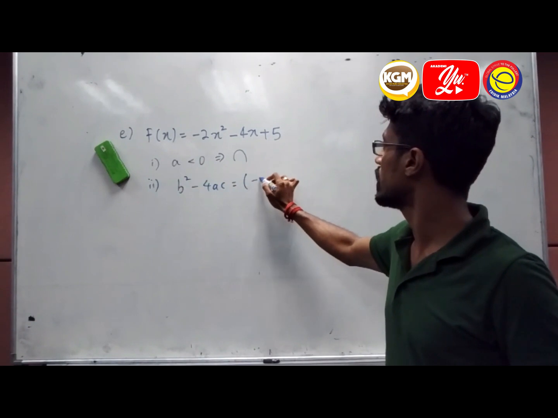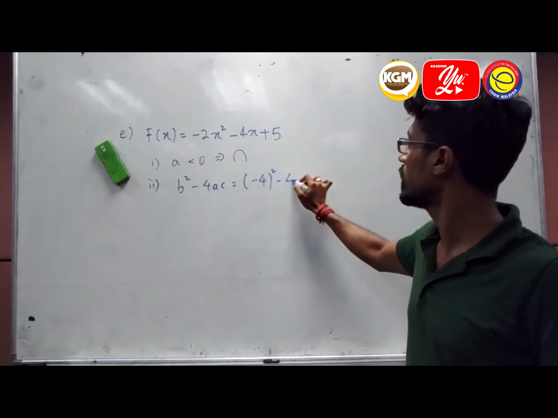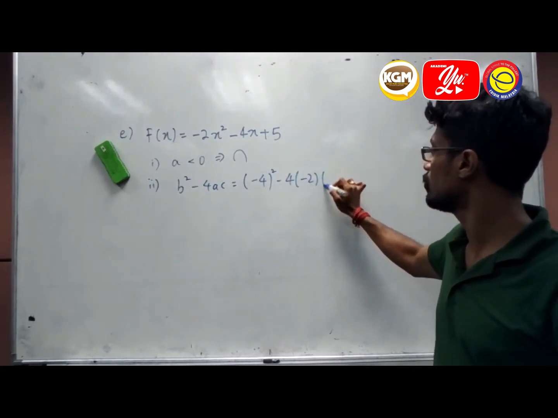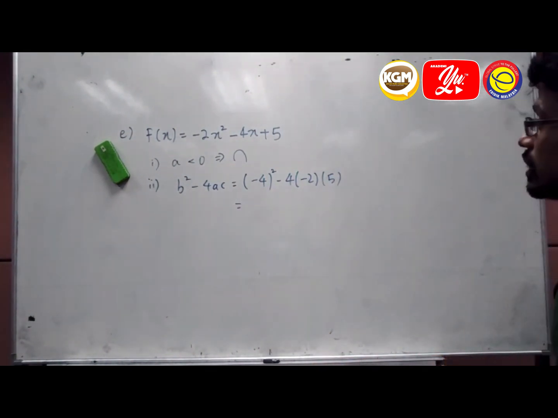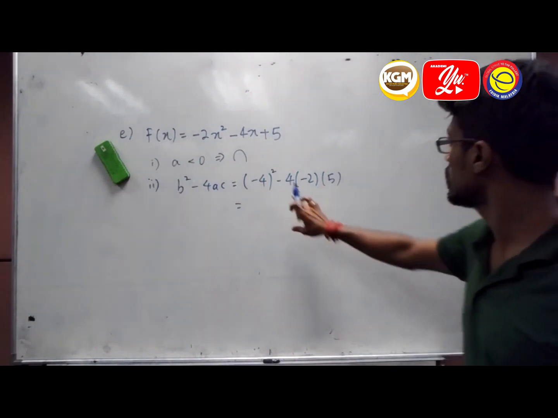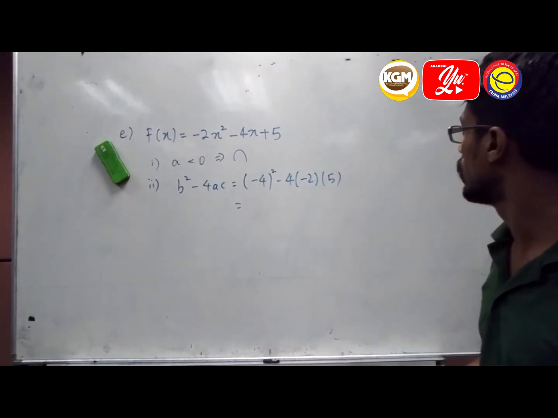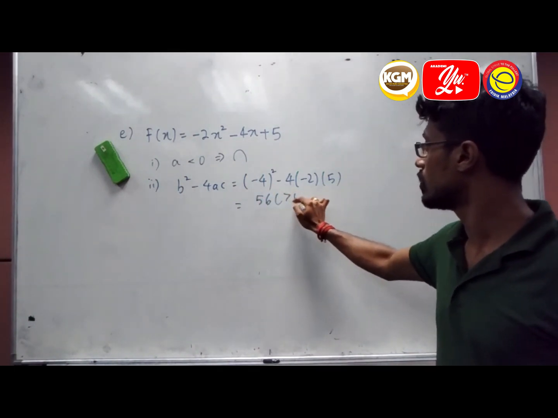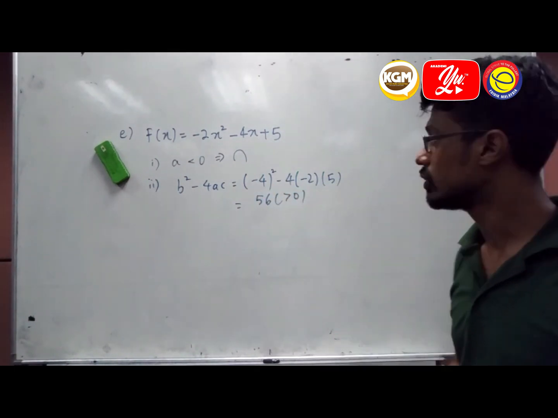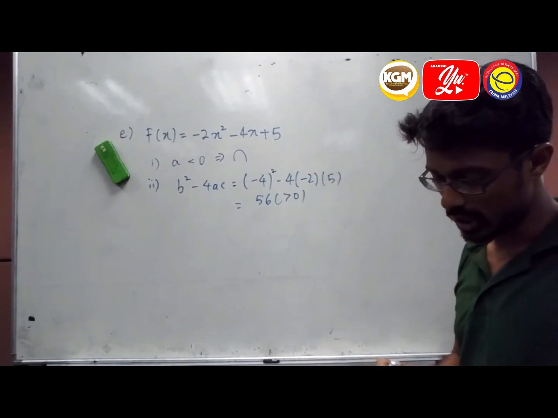So b is -4 squared, minus 4, a is -2, c is 5. Okay, if we just quickly calculate that. So 16 plus, this is going to be 40. Yeah, 40. So that is going to be 56, bigger than 0, meaning to say there are going to be 2 real roots.